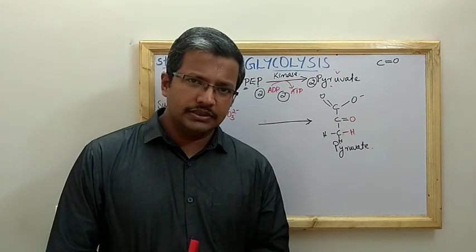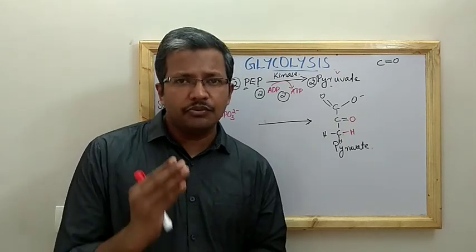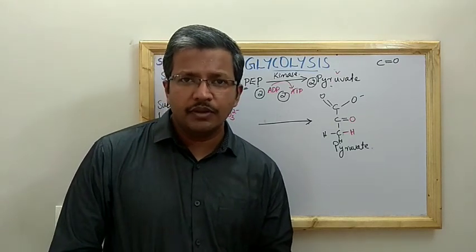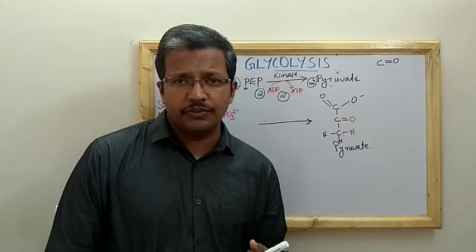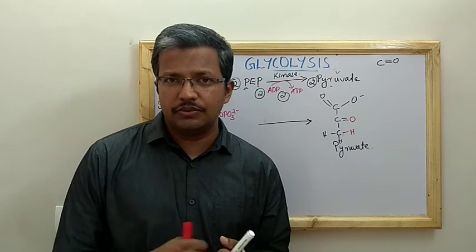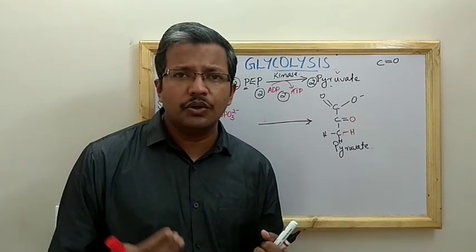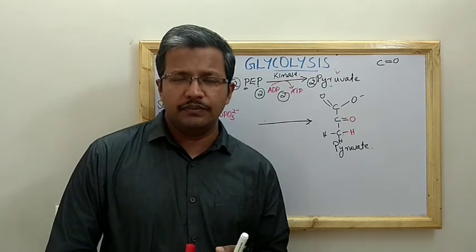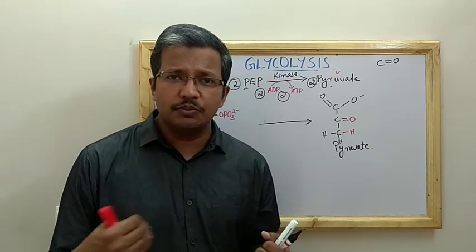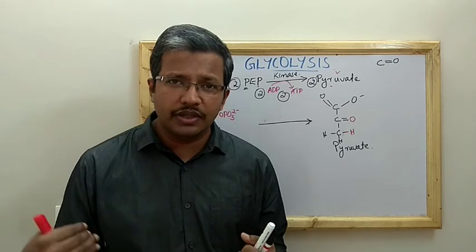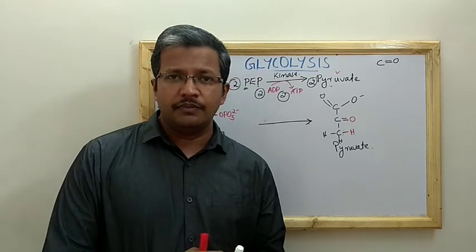In glycolysis, 2 substrate level phosphorylations happen. One is in the conversion of 1,3-bisphosphoglycerate into 3-phosphoglycerate, where 2 molecules of ATP are formed. And the second is in the conversion of phosphoenol pyruvate to pyruvate, where 2 molecules of ATP are formed.